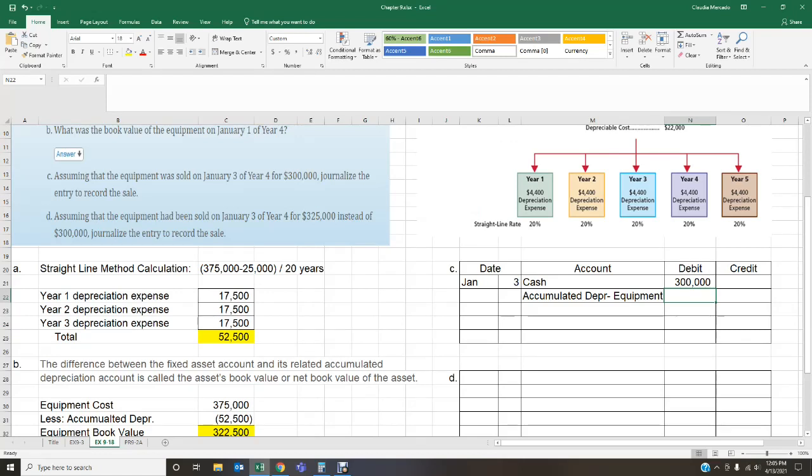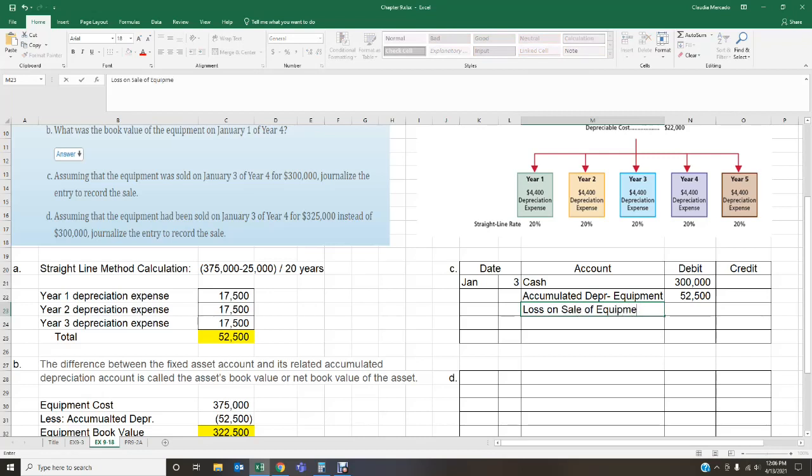So I'm going to go ahead and clear that $52,500. That would be a debit. Accumulated depreciation usually has a normal balance of a credit, but because I am zeroing it out for this particular asset, now I need to debit the account. In this case, we have a loss, so I'm going to have a loss. Loss on sale of equipment. So we lost some money.